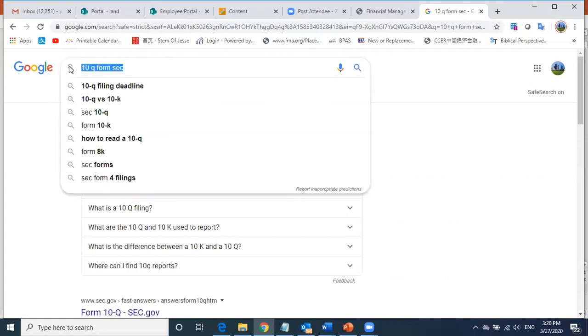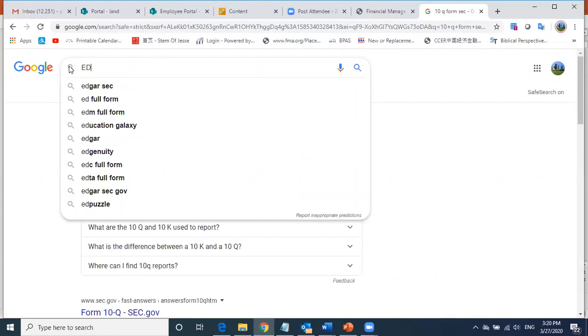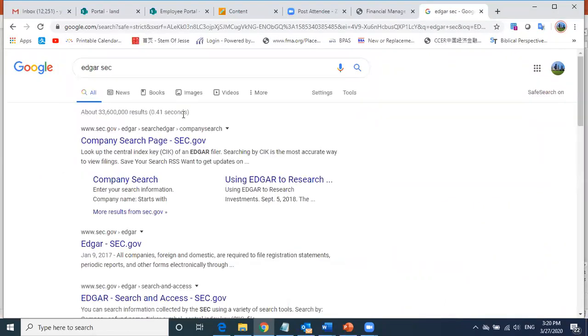So all the companies' financial statement data is available on the SEC website.